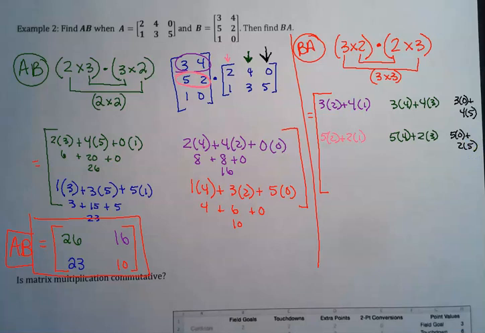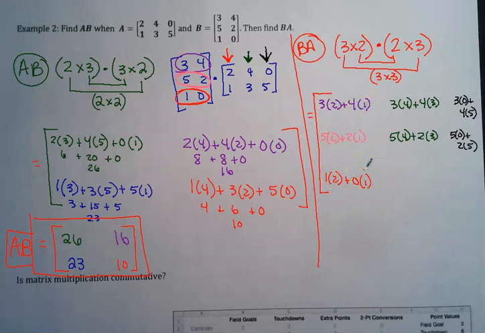Okay, and then we're on to our third row by our first column. So 1 times 2 plus 0 times 1. Hopefully you're noticing this pattern, I've got a 2 in the parentheses here for everyone, a 1 in the parentheses here.